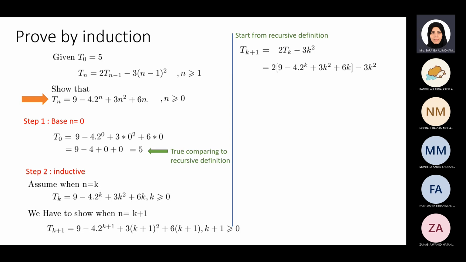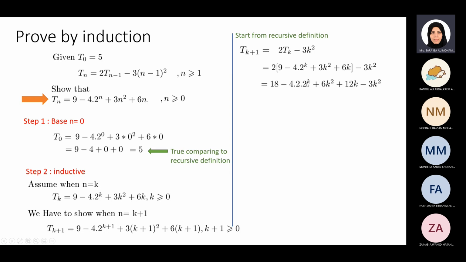Then I will distribute the 2. So 2 times 18 and here I get 4 times 2 to the power k times 2. These are multiplications, not dots, plus 6k squared plus 12k minus 3k squared. Look over your goal here. You have 4 times 2 to the power k plus 1.